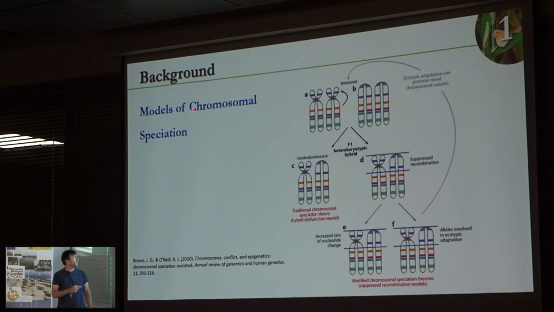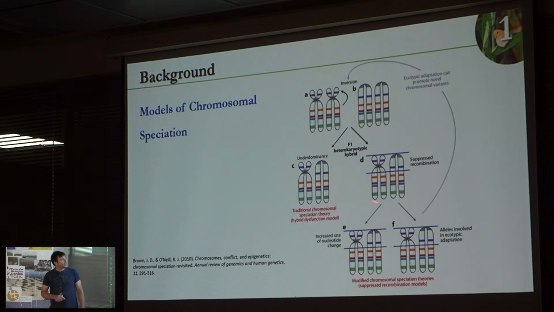And there are two main models of chromosome speciation. We have the hybrid dysfunction model, in which we have a strong selection against the heterozygotes for two chromosomal variants that we can have in one species.